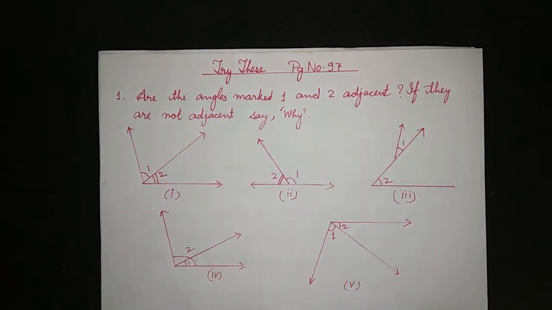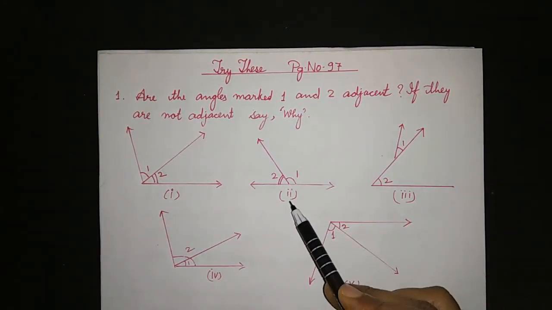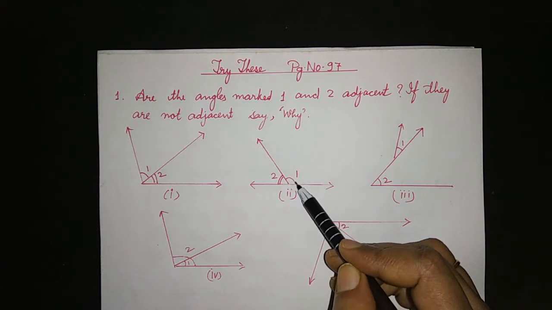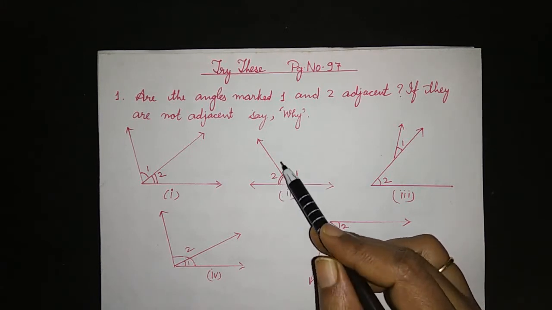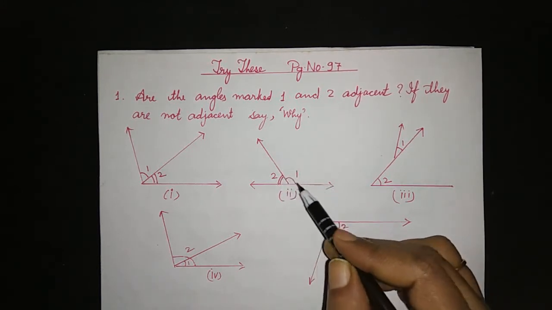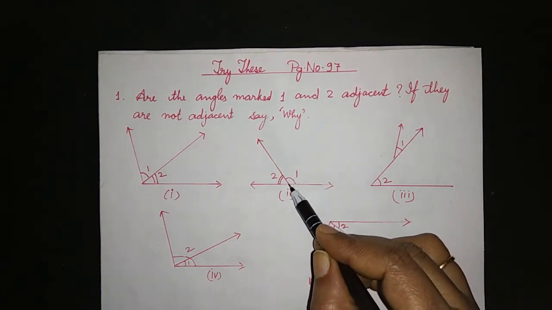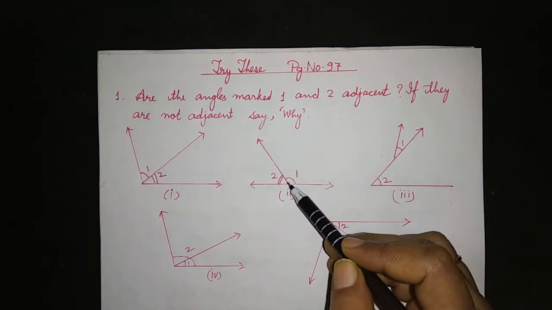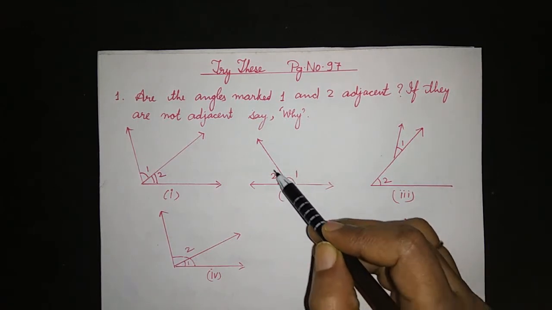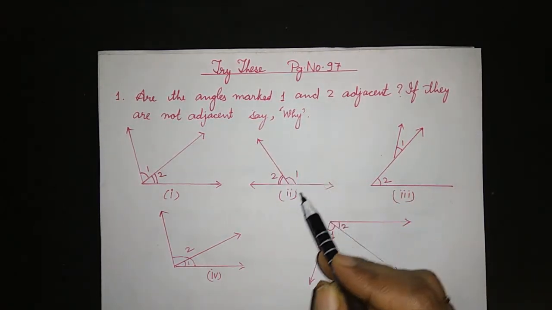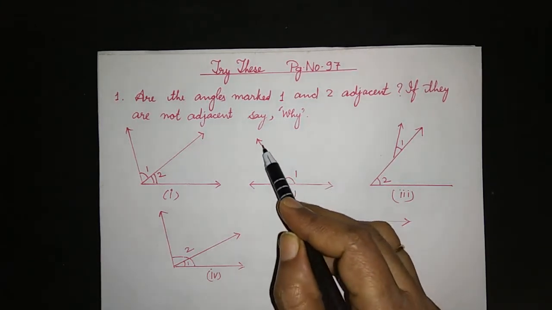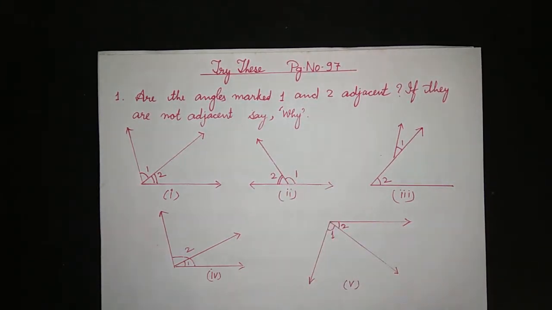And in the second part also, you can see angle 1 and angle 2 both are adjacent because they have a common vertex here, and they have a common arm. This is the common arm here, and two non-common arms on either side of this common arm.